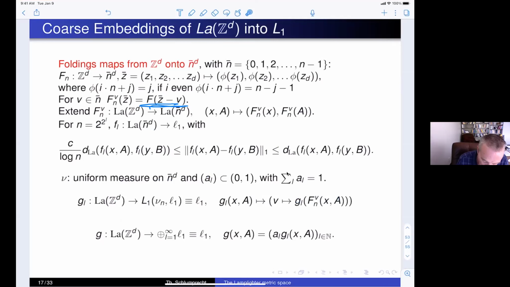And then I'm simply adding up all these maps, but of course I have to be careful. I have to add up with coefficients which add up to 1, to keep the Lipschitz 1 condition.